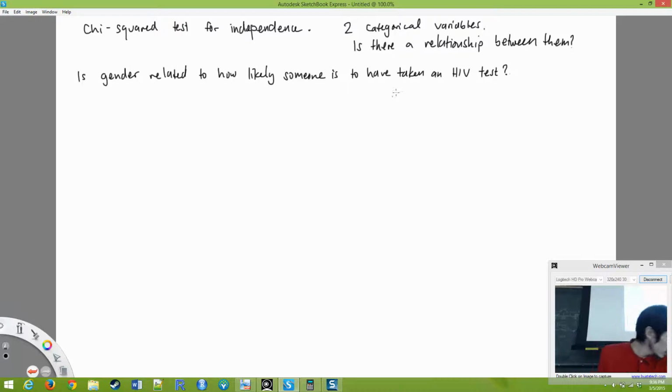This is data from an older study, so I think the numbers would be different today. But in this study, we're looking at gender, male and female, and did you take an HIV test? It's not whether someone actually has HIV or not, but just test or no test.